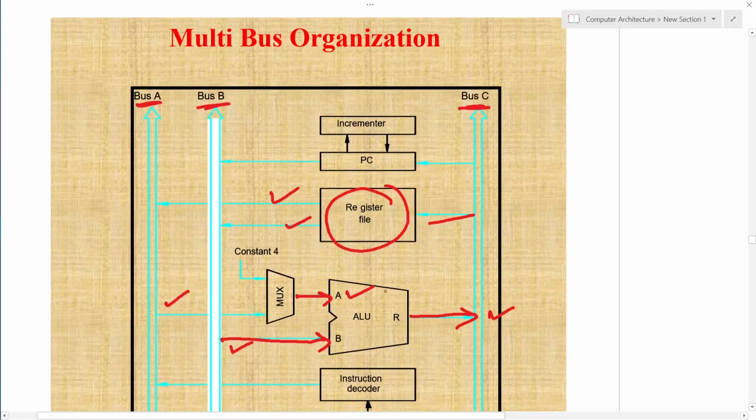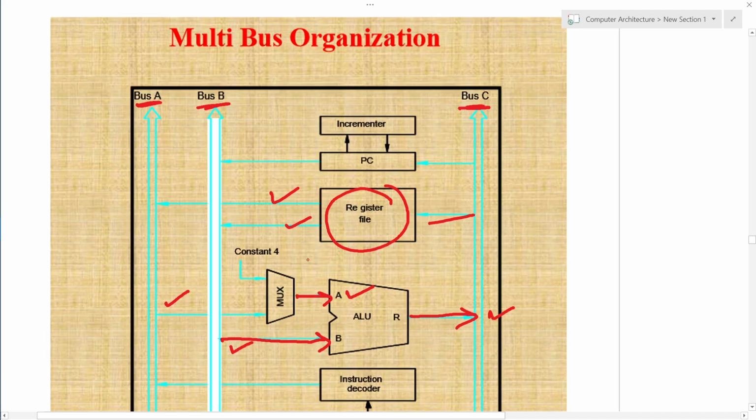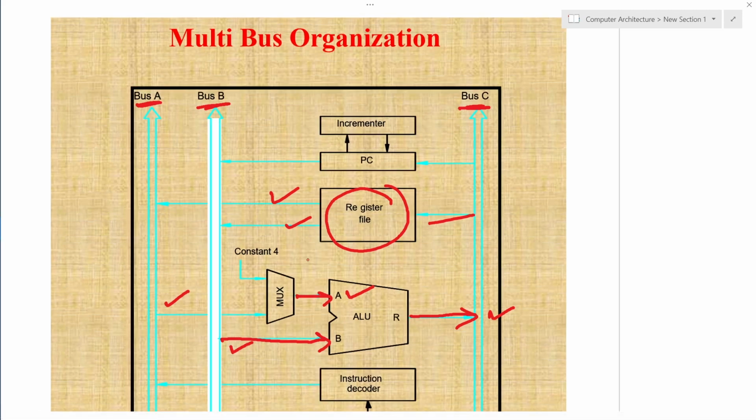And if we compare the single bus and multi-bus organization, you can find number one, there is a greater number of buses. Rather than one bus, we have more buses. Number two, the PC can be updated in the same clock cycle after delivering the content to the MAR.